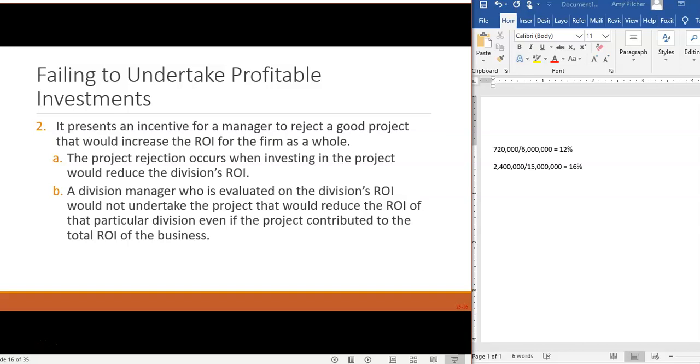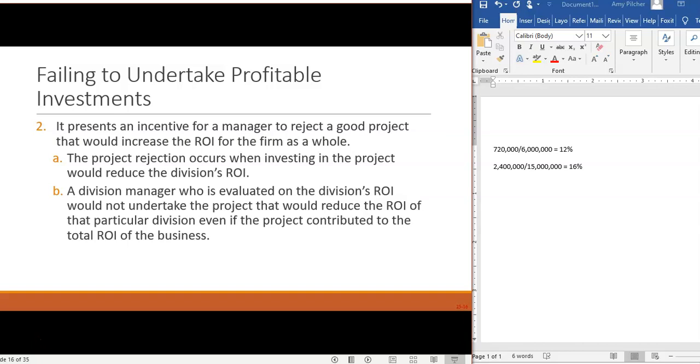However, because I'm going to increase my capital investments, that's going to decrease my ROI. So I might purposely not take on a good project because I don't want it to affect my return on investment, because that's what I'm personally being measured by, my performance evaluation, and potentially my bonus.